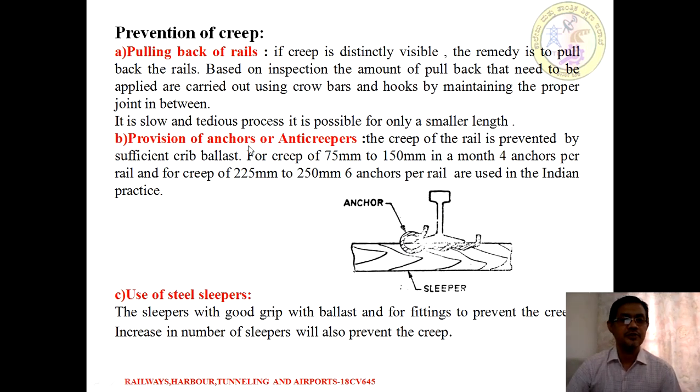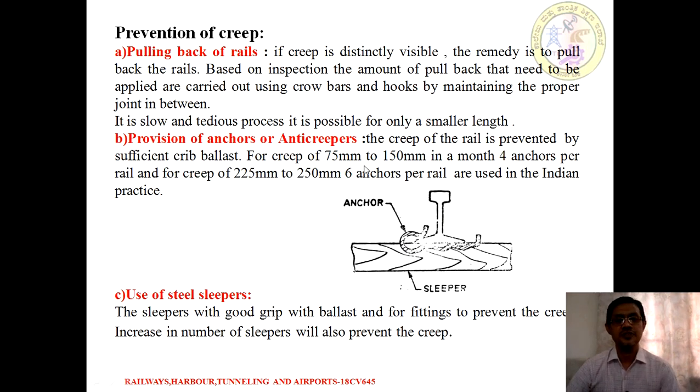Similarly, we can provide anchors or anti-creepers. If we provide very good fixity for the rails and the sleepers, there is no adequate space for the rails to move in the direction, so these are called the provision of anchors or anti-creepers. Creep is also prevented by using creep ballast.